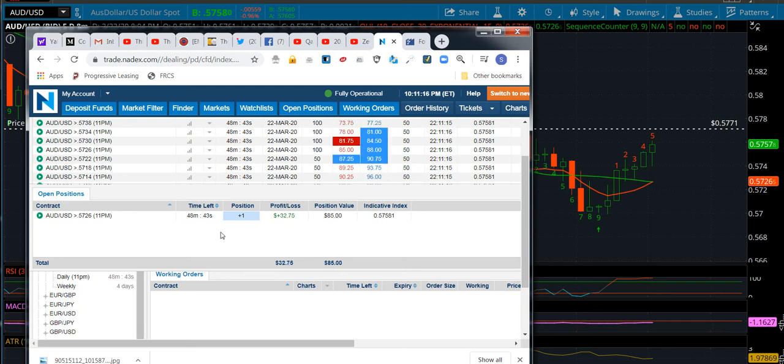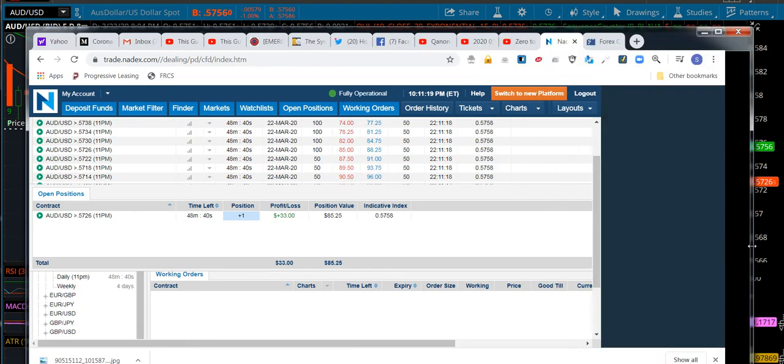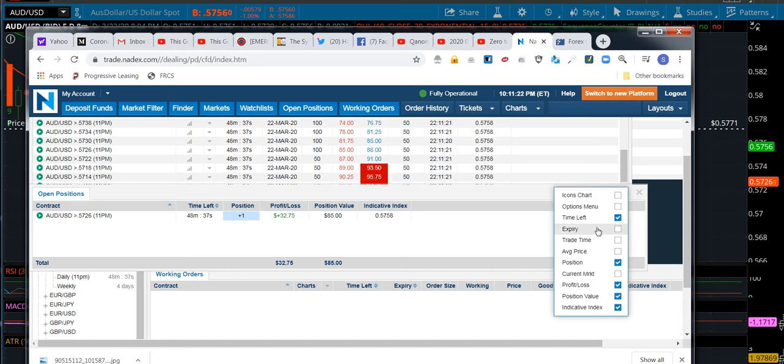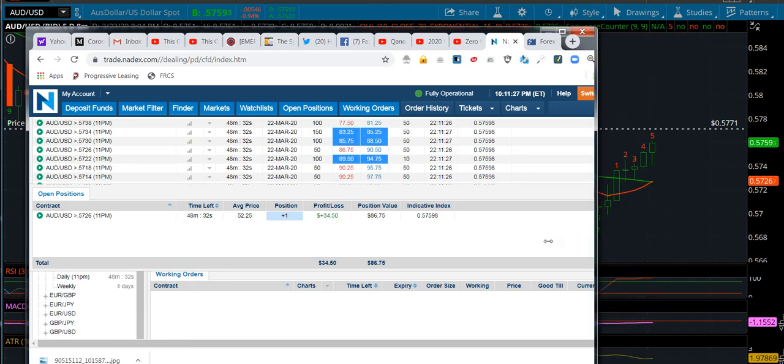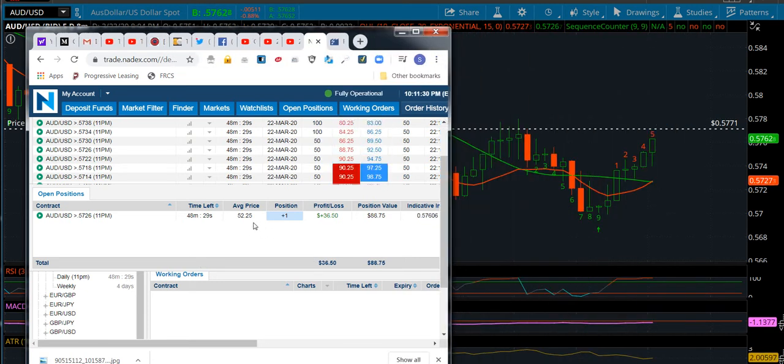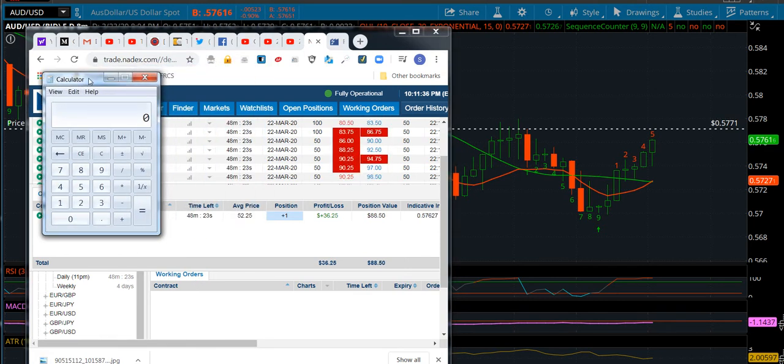Each Nadex contract is worth $100. I bought one contract for $52.25. So I have a potential $47.75 profit in this trade.